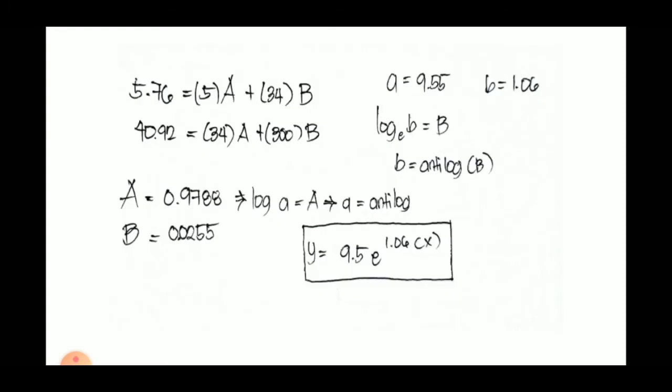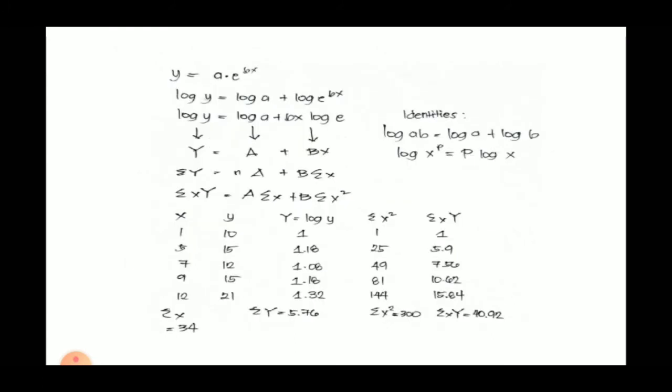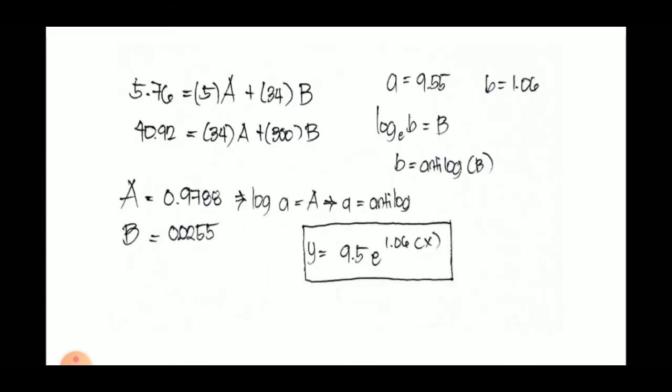The value of our summation of Y is 5.76, n is 5 since we have 5 data points, and the summation of x is 34. That's why we have 34 here.